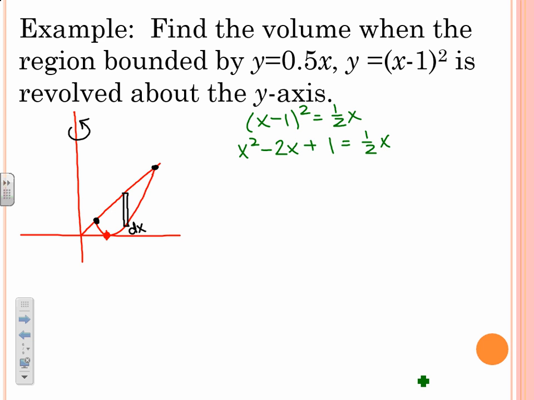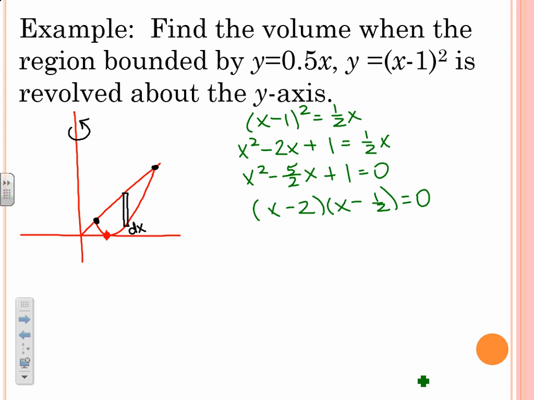So we have x squared minus 5/2 x plus 1 equals 0. Do we really want to try to factor that? Yes. It can just be -2 and -1/2. Like that?